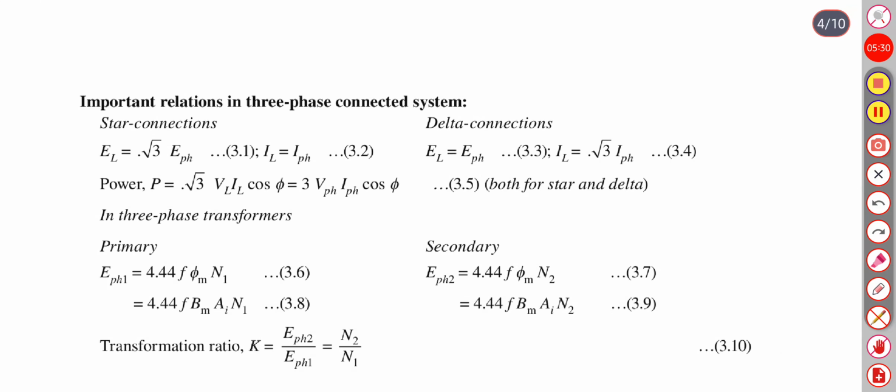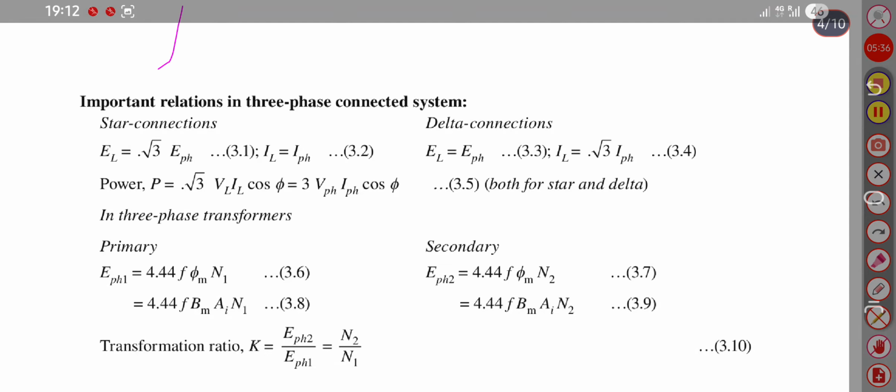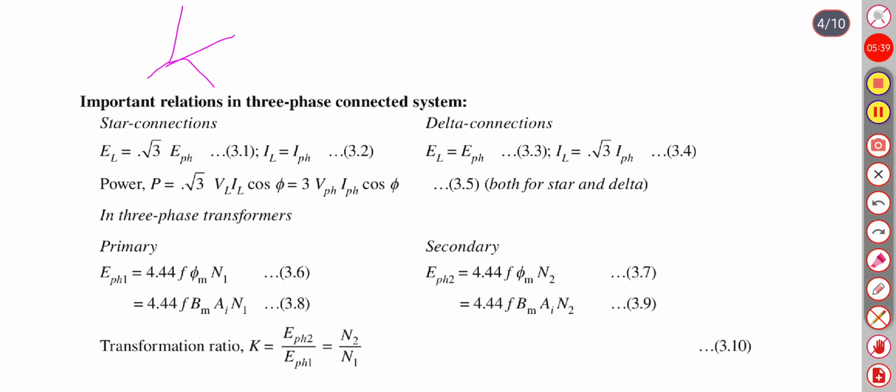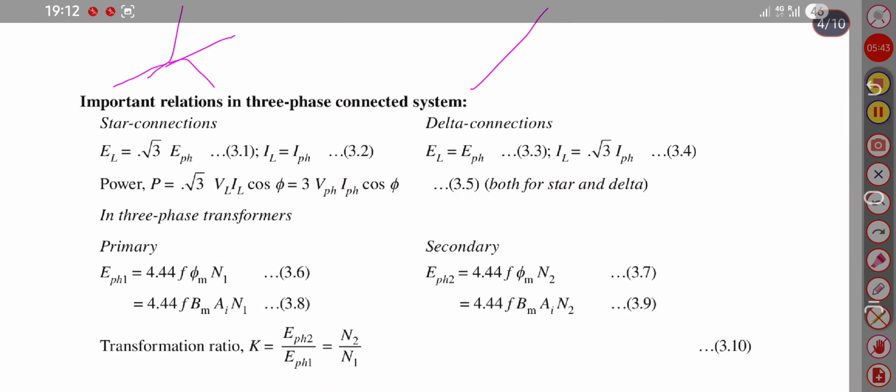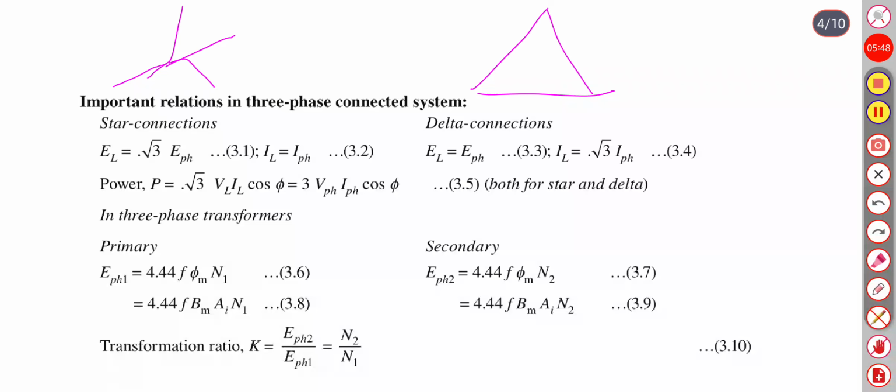Important relations in a three-phase connected system. This is your star connection, this is neutral, and this is your delta connection. In star connection, line voltage equals root 3 times phase voltage. But in delta connection, line voltage equals phase voltage because there is no neutral.